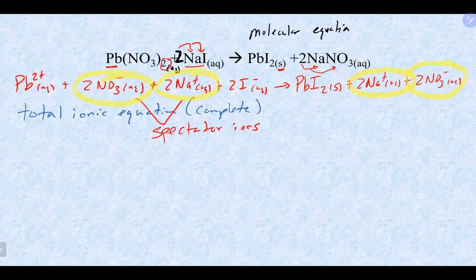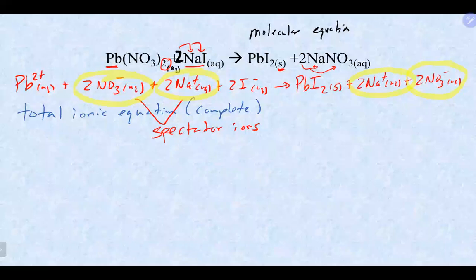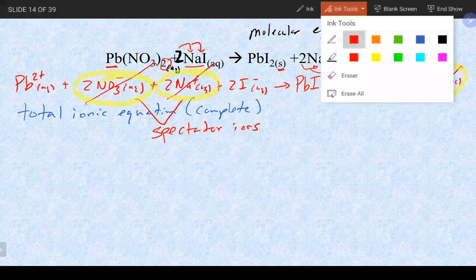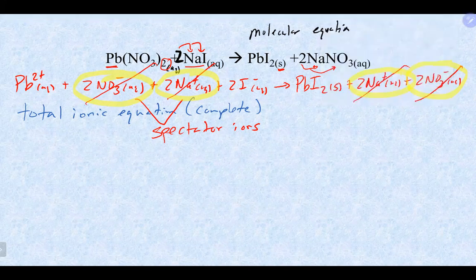What we typically do with spectator ions in our total ionic equation is we treat the arrow like an equal sign and basically just cancel them out. You subtract them from both sides. And when we cancel out the spectator ions, what we are left with is really a third type of equation, which is really important.